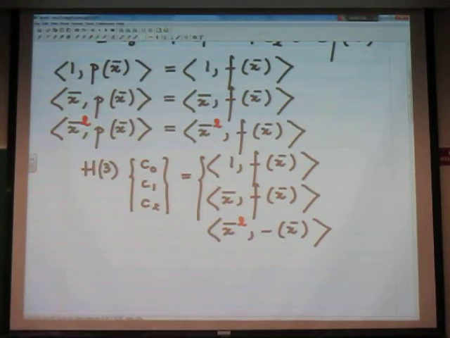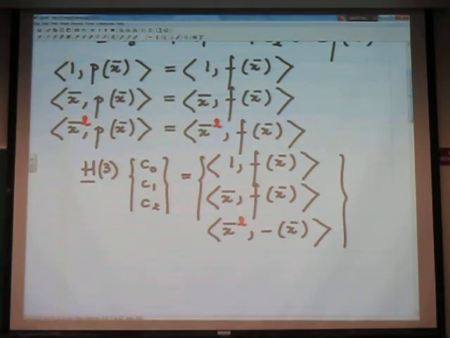I can compact it, but I think you can see the order. All right, and I should have the underbar here because that's the matrix, the 3 by 3 matrix.